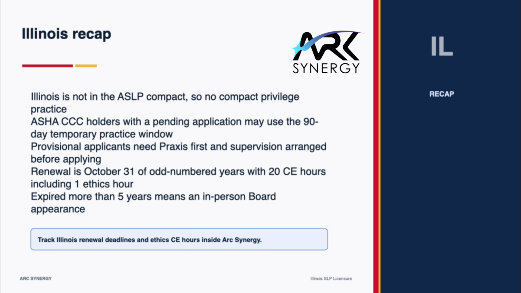For provisional license applicants, remember to take your Praxis exam first before you apply for the provisional license. If you are about to renew your license, remember the renewal is October 31st of odd numbered years with a 20 CEU hour requirement, including 1 ethics hour. If your license has been expired for more than 5 years, expect to complete an in-person board interview.